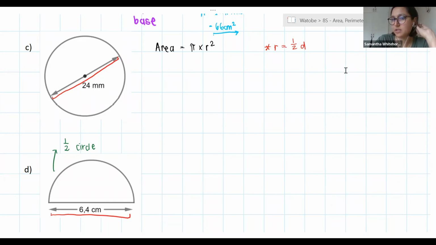Remember units for your answers. It is an area, so it should have units. And remember that your radius is half of your diameter.